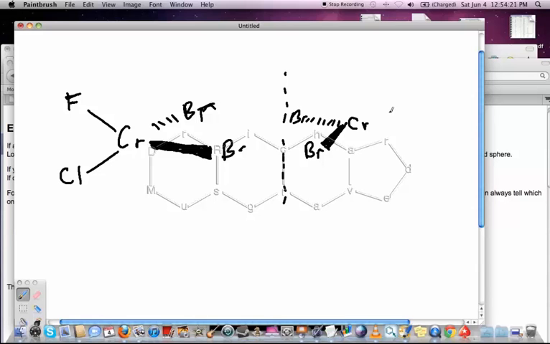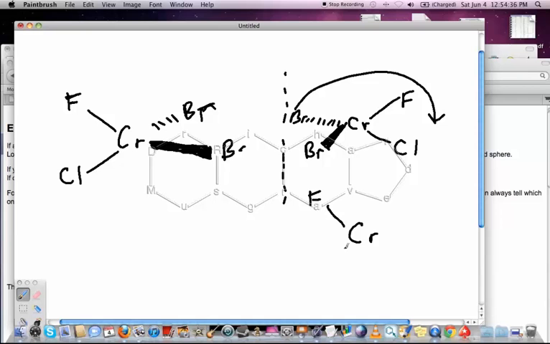We can have the Cr there, and then we've got the F pointing back here and the Cl pointing here. Now if I do the same thing and turn this around 180 degrees just like I did previously, here's what happens. The F and the Cl will end up here, one pointing up, one pointing down, but still in the plane.